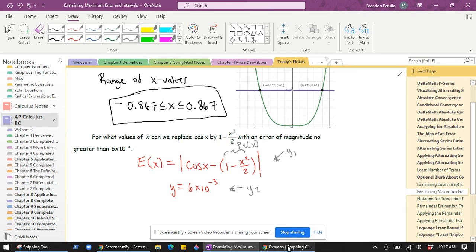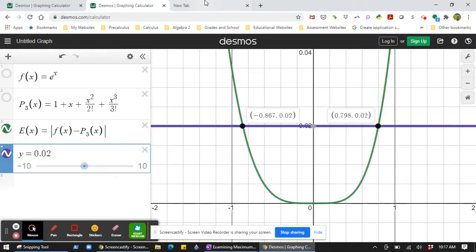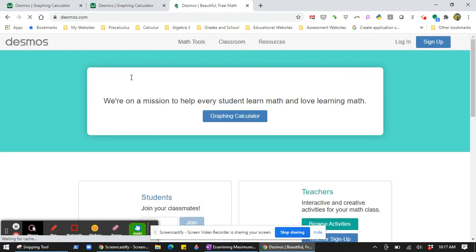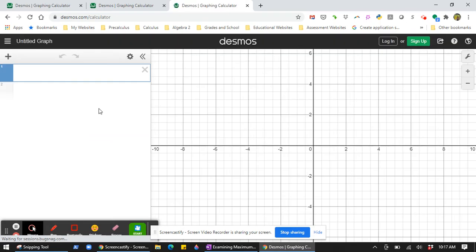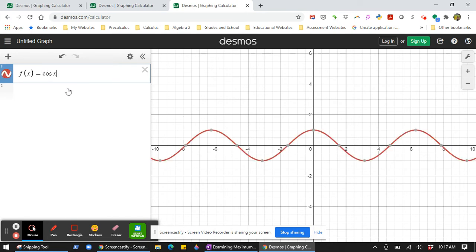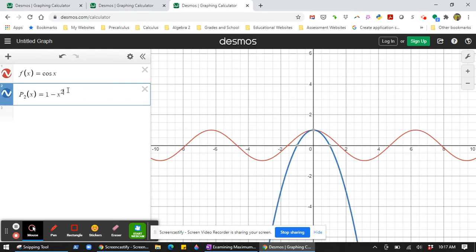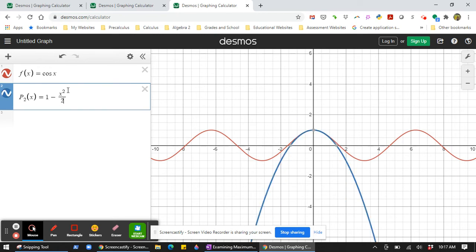So let's look at that. So I'll just do a new Desmos. Okay, so we'll call f of x as cosine. And I'm going to call my second degree Taylor polynomial 1 minus x squared divided by 2.